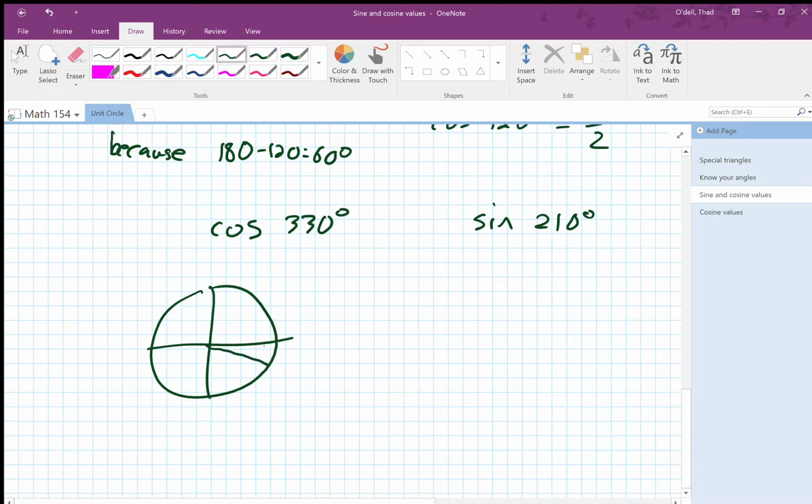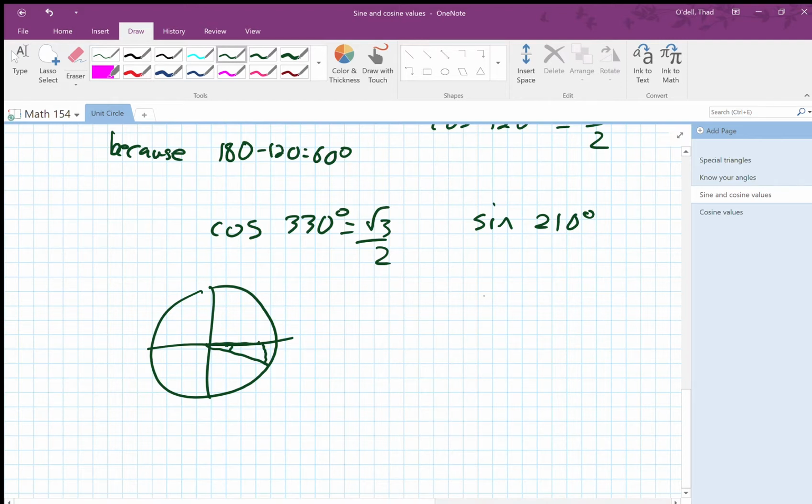Drop my line to the x-axis, and once again a 30, 60, 90 triangle shows up. The reference angle, or the angle close to the origin, is 30 degrees. And we're looking for the adjacent side, which is clearly the longer side. So that would be rad 3 over 2. And I'm going to the right, so it would be positive.